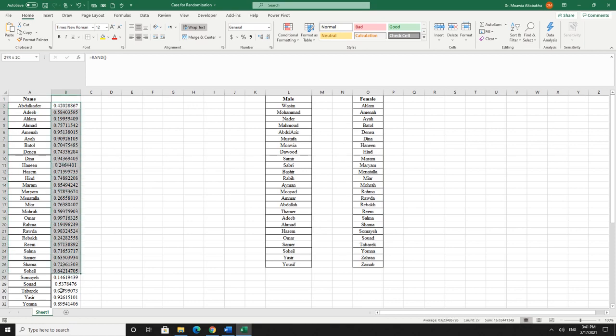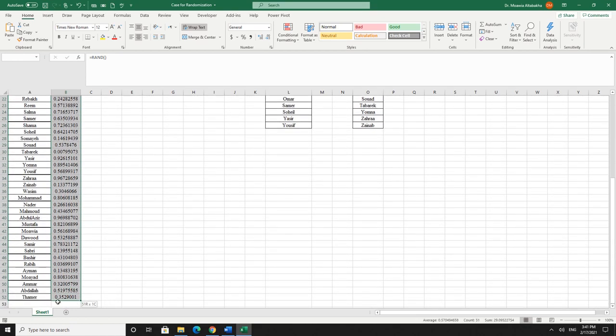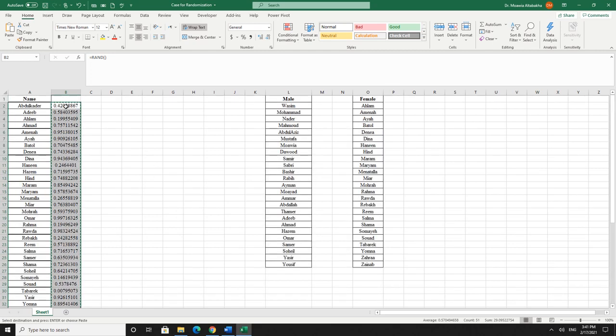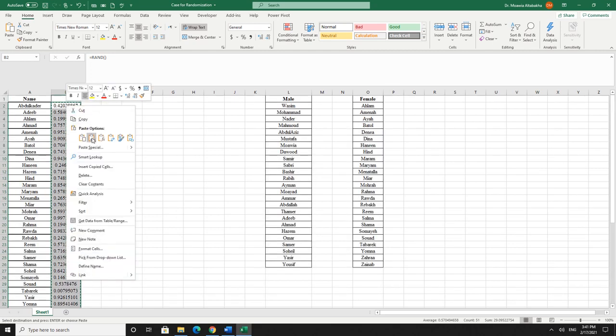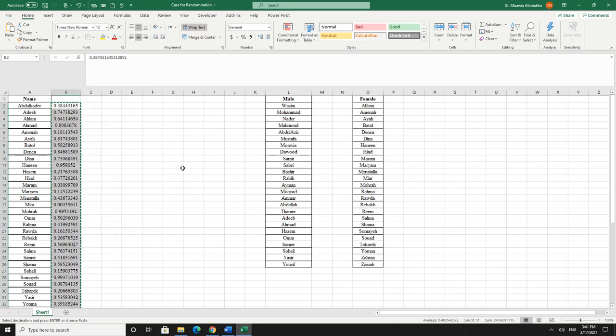Now what you do is you copy these numbers and paste them again here as numbers, because now they are formulas, so you have to paste them as numbers. Now they are no longer formulas, no longer equal to a random number. So I took the same numbers that I got, I just pasted them as numbers.